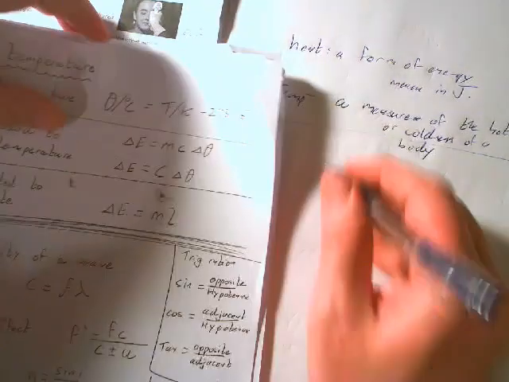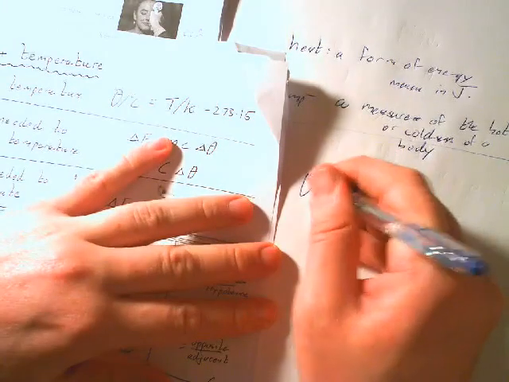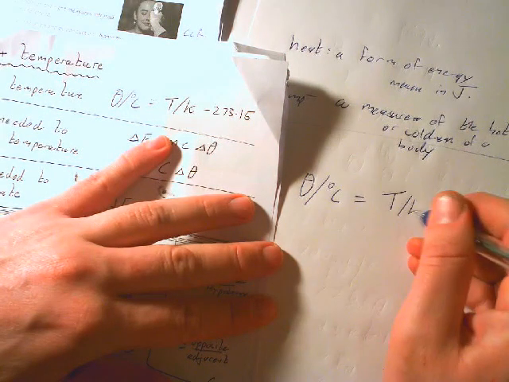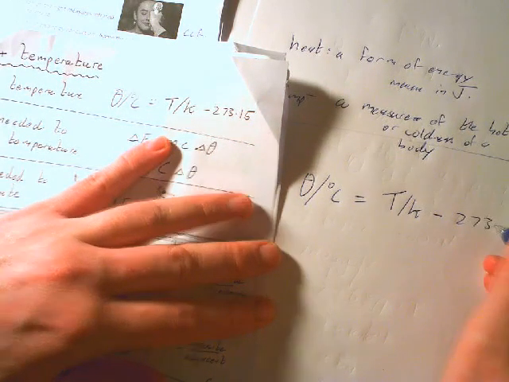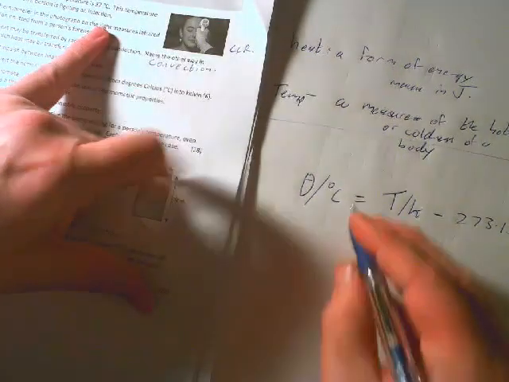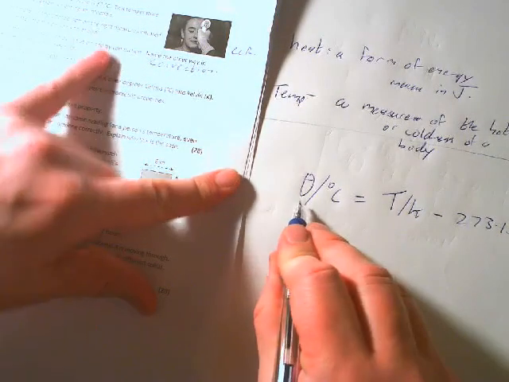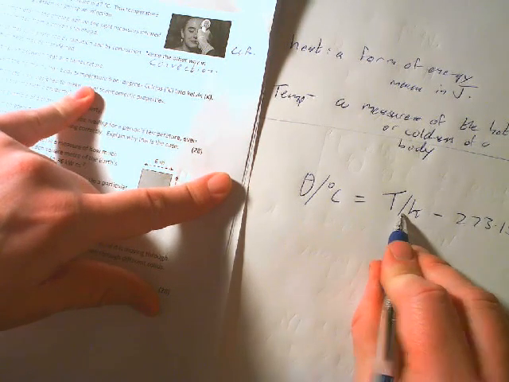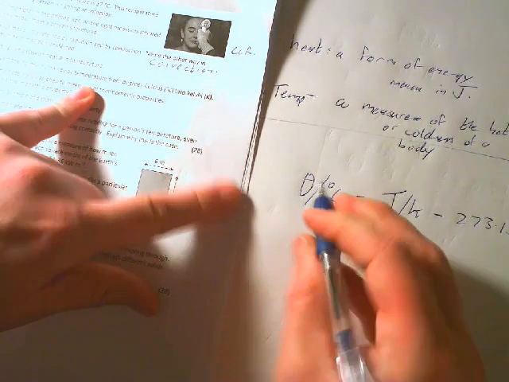Convert the normal human body temperature from degrees Celsius into degrees Kelvin. You've got to be careful here, guys, okay? Because this is the way the formula is given to you in the logbooks. The temperature in Celsius is equal to the temperature in Kelvin minus 273.15. So the temperature in Celsius here is 37 degrees, but we're looking for it in Kelvin.